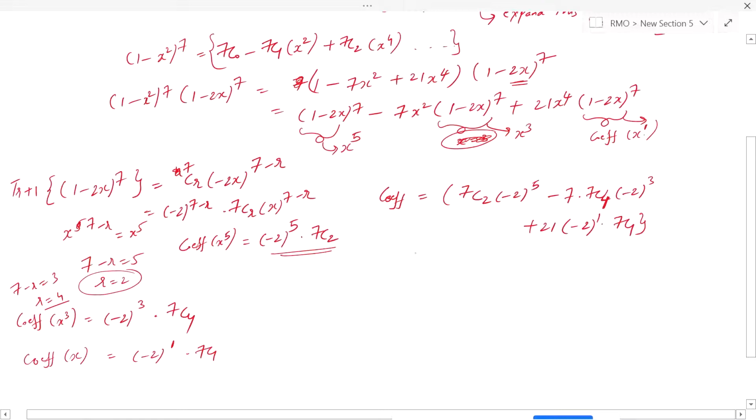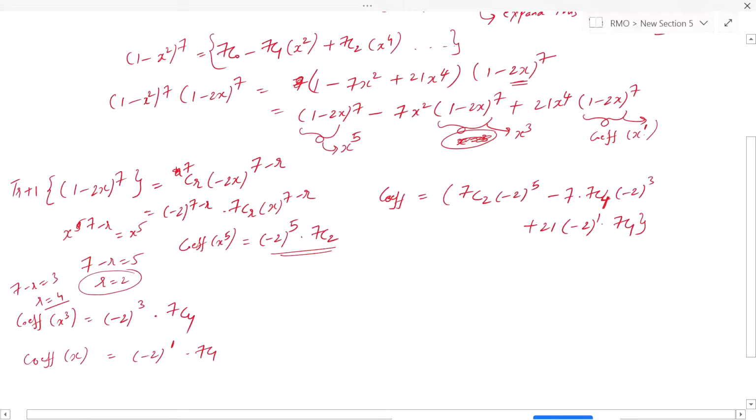Getting it or confused? You found all the coefficients of different terms: x raised to 5, x cube and so on. Then we already got the coefficient of x cube, and multiplied by this.